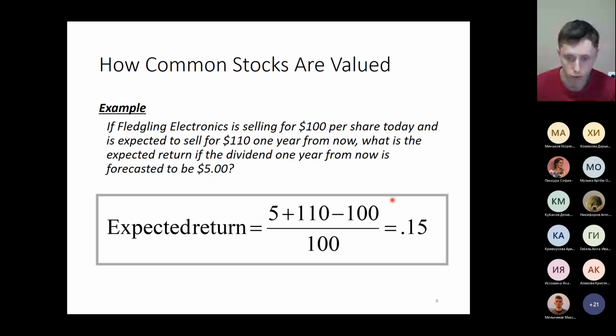What would be the expected return? We just use the numbers that we discussed and apply the formula, and here is the result. So the expected return is 15%. This is a very good return. If the stock provides us such a return per year in United States dollars, we are happy with it.